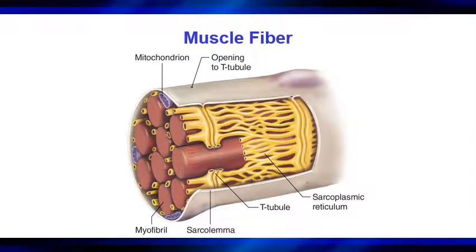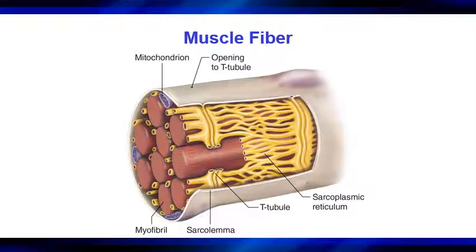Sarcoplasm basically contains all the protein filaments, the proteins, glycogen, fat particles, and enzymes that the muscle needs, and then specialized organelles like the mitochondria and the sarcoplasmic reticulum, which we'll talk about, what those different structures mean as far as the function of the muscle fiber.